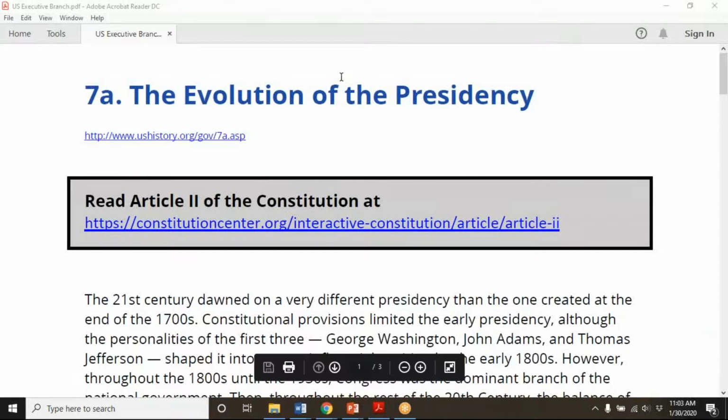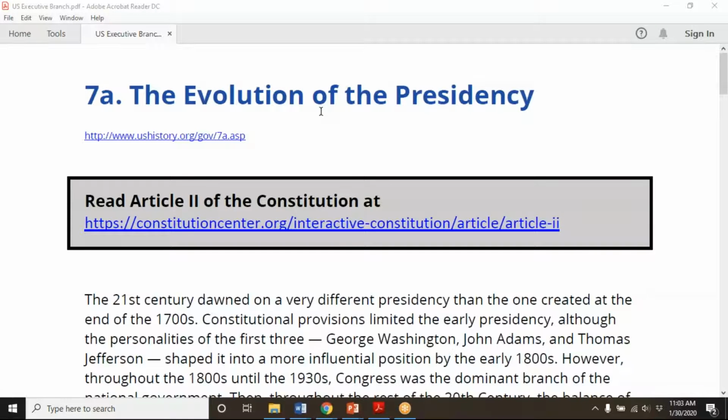The way our government is meant to work isn't always how it does work in real life, and there's reasons for that. But we're going to look at how the Constitution today lays out the presidency, and as you can see, I didn't show my screen yet. As the title of this article says, the evolution of the presidency.